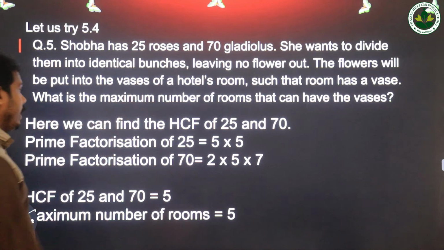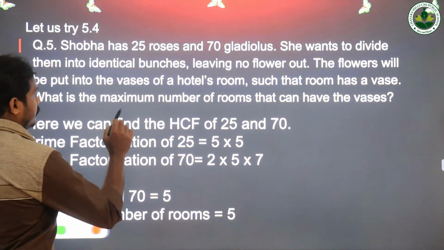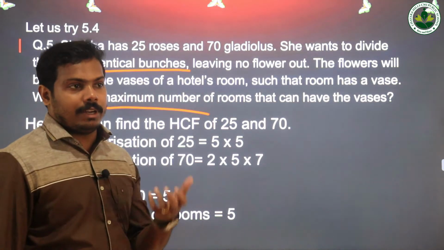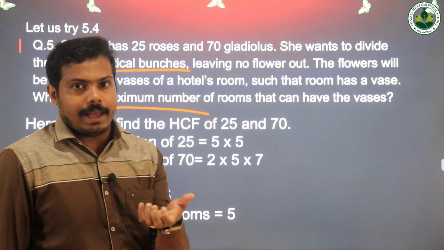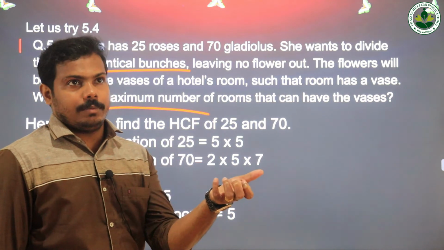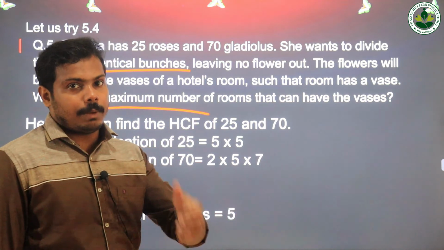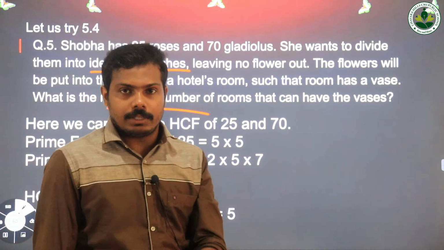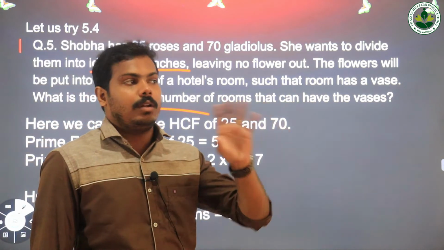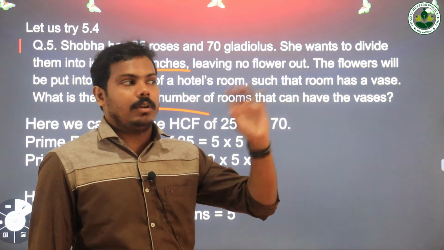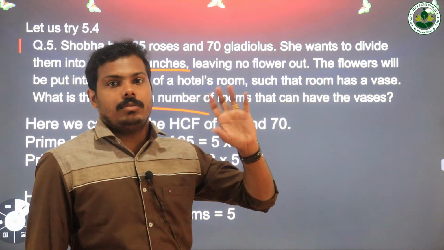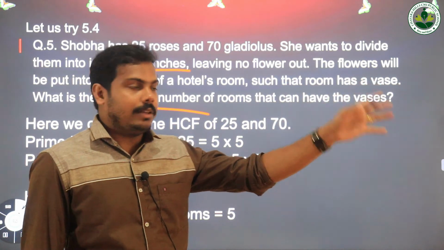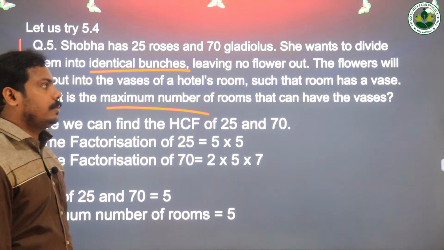So always remember these two words, maximum and equal. In a question where we need to divide the given numbers equally and place them into the maximum, the two words are maximum and equal. Highest, common, equal or same, we can say equal, same, etc. Highest or greatest, largest, or whichever is the highest possible.